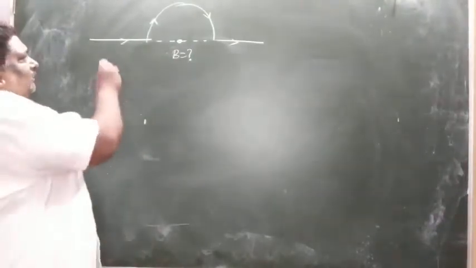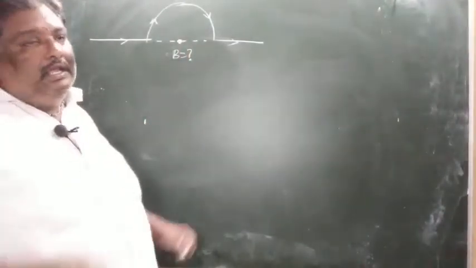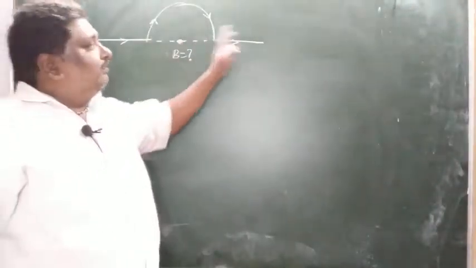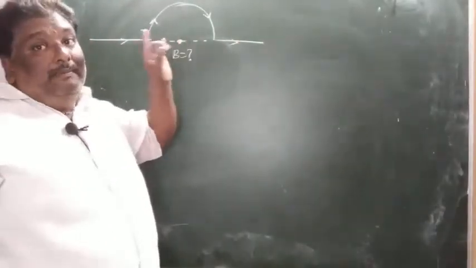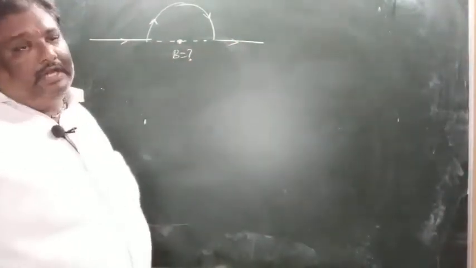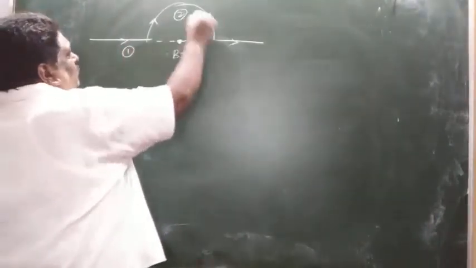See here, this point where we want to find the magnetic field is on the axis of the conductor, either forward or backward. Then the magnetic field due to this straight wire is 0, contribution 0. So it is divided into 3 parts.